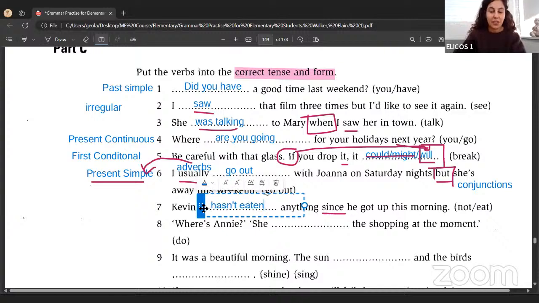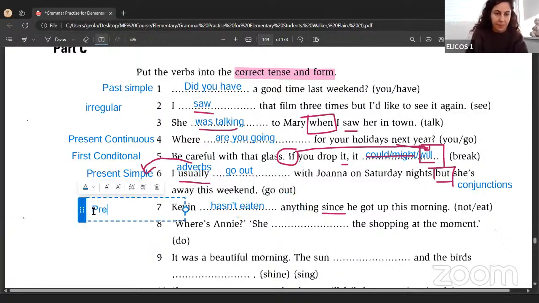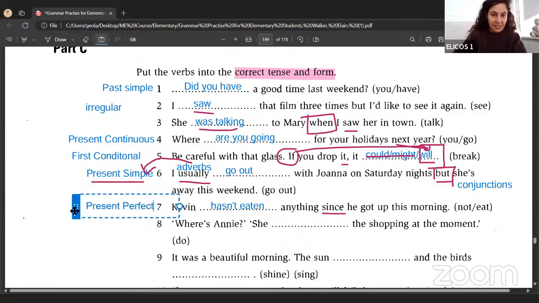So be careful with your present perfect, because the past can be irregular. So usually an ed, but it's irregular. We could see the not. We've added it to the verb have. So he hasn't eaten anything.